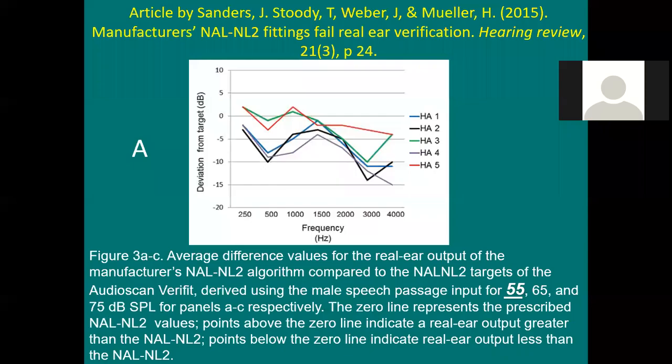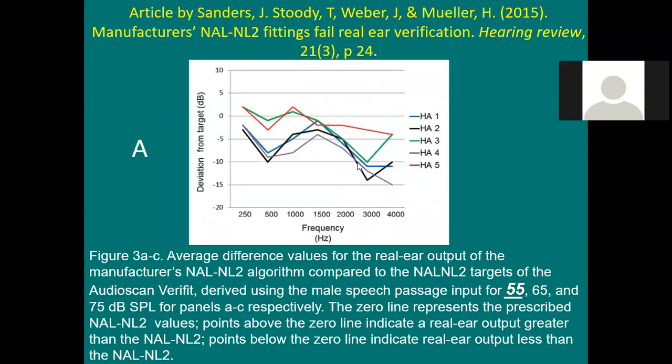Then you chose NAL2, looked at my targets, and then you took the Starkey hearing aid and did Real Ear on me. Let's say, for example, when you did Real Ear with the hearing aid programmed according to Starkey's version of NAL2, with an identical audiogram, you might have found the green line.